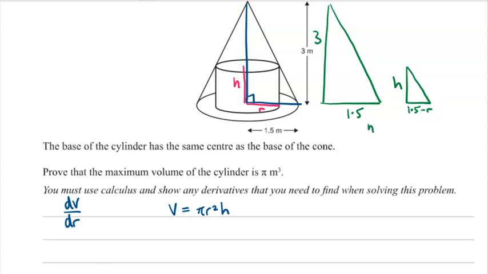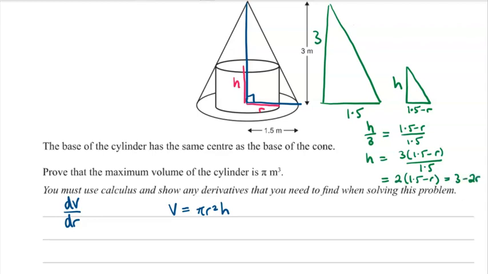So the proportion of h over 3 will be equal to the proportion of 1.5 minus r over 1.5. So h is equal to 3 times 1.5 minus r over 1.5. Well, 3 divided by 1.5 is 2. So that'll be 2 times 1.5 minus r, or 3 minus 2r.